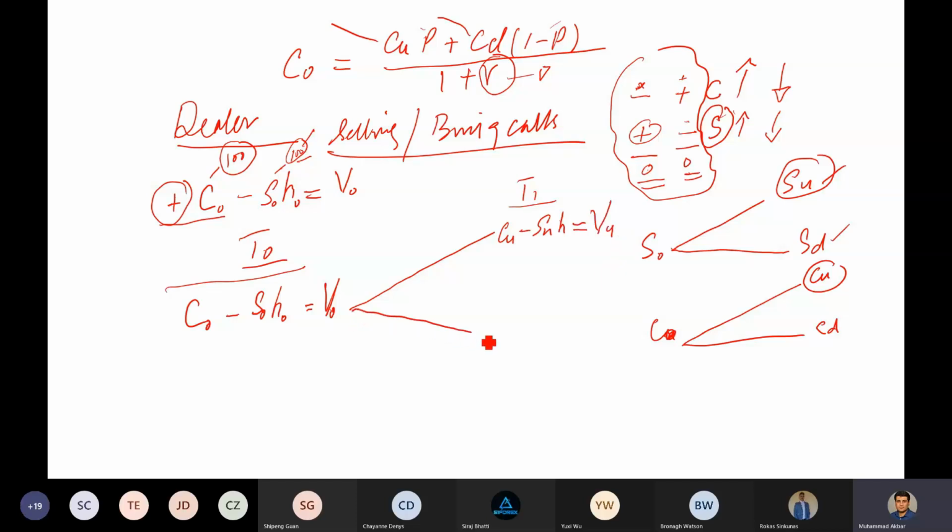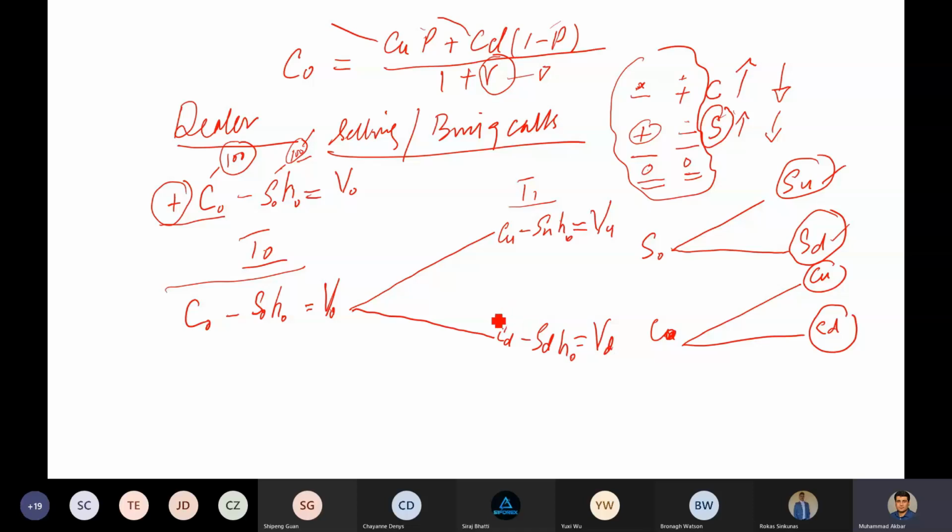If the stock price goes down, the value of the hedge portfolio will be CD, my position in the call, minus my position in the stock, which will be worth SD multiplied by the H naught number of shares. And this will give me VD.